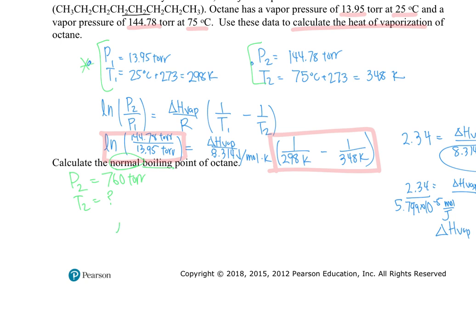So fun. So do natural log of pressure 2, using this equation right up here, natural log of pressure 2, which I'm going to call 760 torr, divided by pressure 1, which I'm using our first condition, so 13.95 torr, equals delta H vap, which we just calculated.